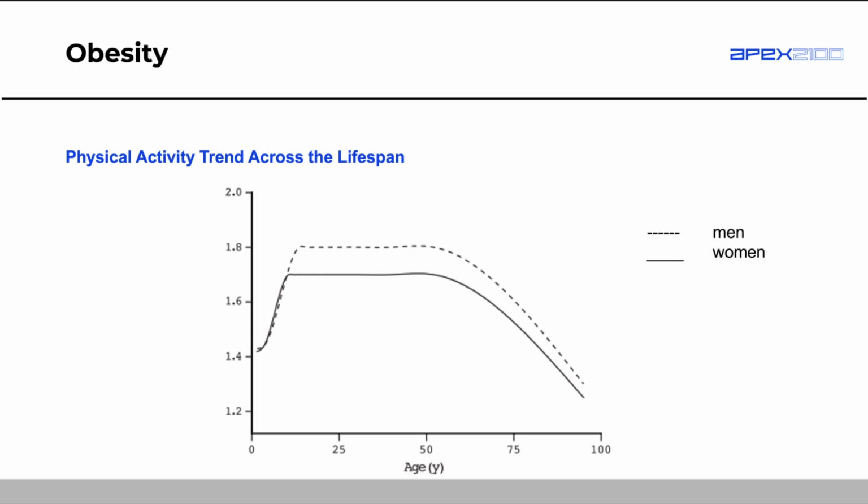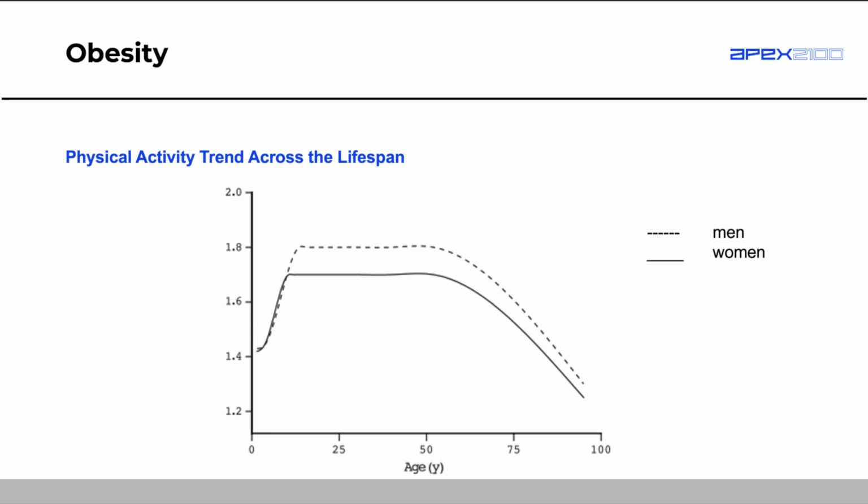So again, we've got age on the x-axis, and then let's just say this is the amount of physical activity on the y-axis. So at 0 years old, we're not doing much physical activity. There's a steep rise in the amount of activity that we do in childhood and adolescence up to around 20 years of age. Then it's stable across the lifespan for both men and women.